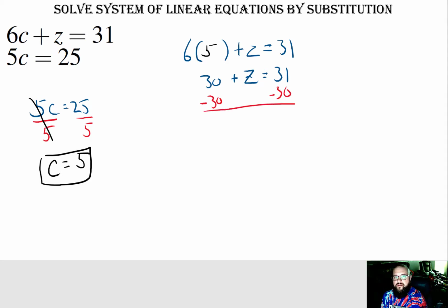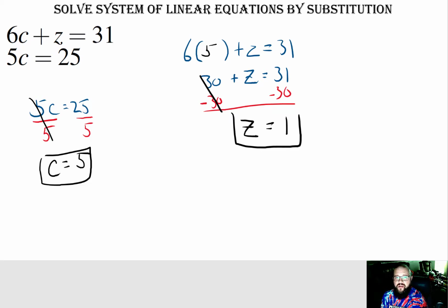And what do we get then? 30 minus 30 goes away, and we're left with z on the left-hand side, and that equals 31 minus 30, which is 1. So c is equal to 5 and z is equal to 1. We can check this to make sure it works.